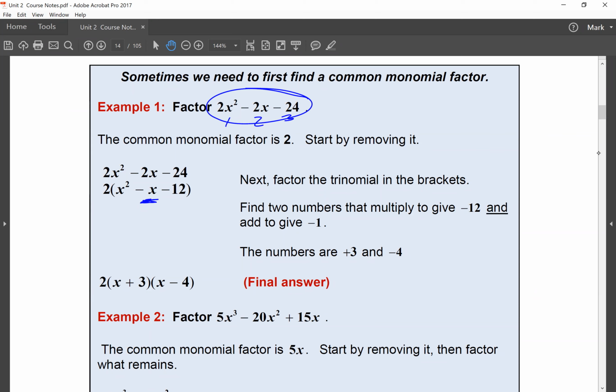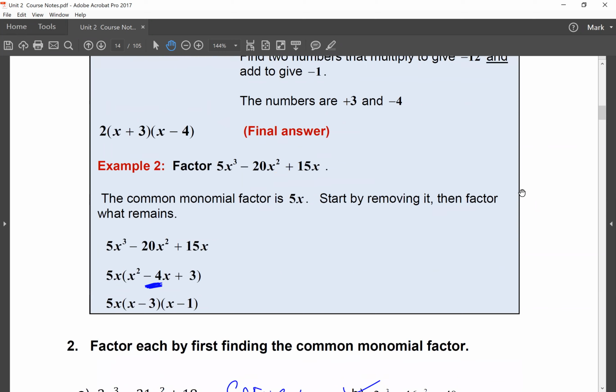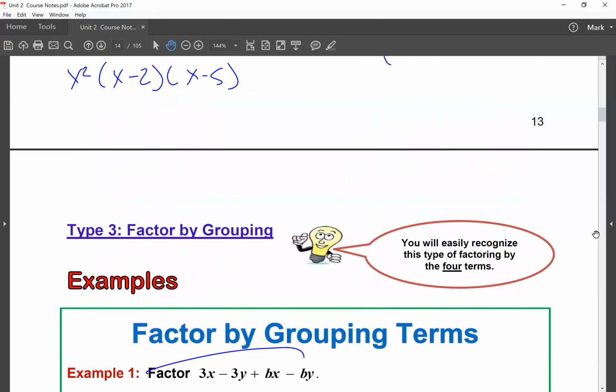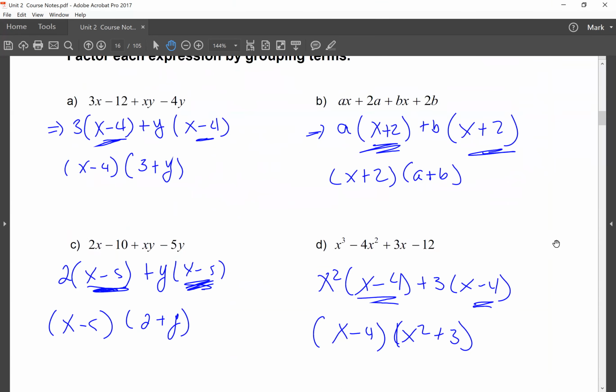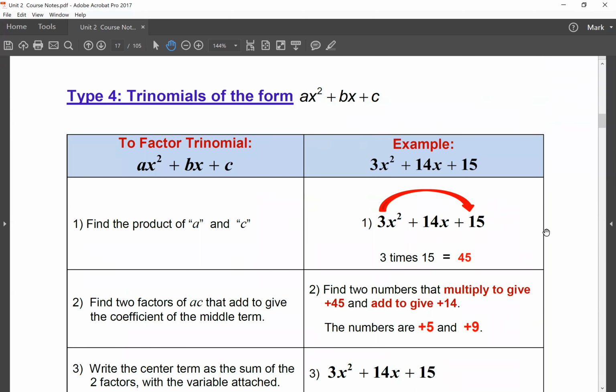Looking at example number 1, I know I can remove a 2 from all of these numbers. Looking at example number 2, I know I can remove a 5x. That's called the GCF, the greatest common factor, and I can factor that away. These trinomials don't have a GCF.